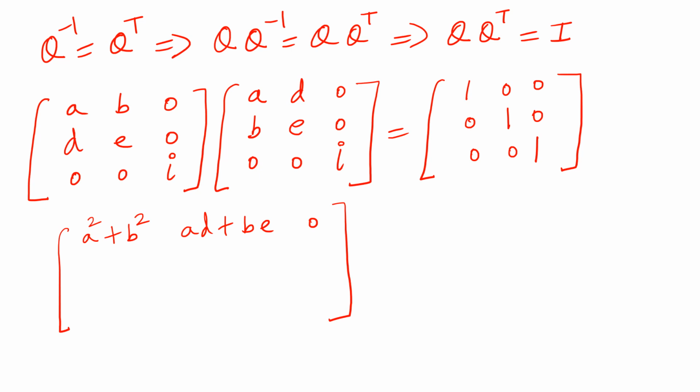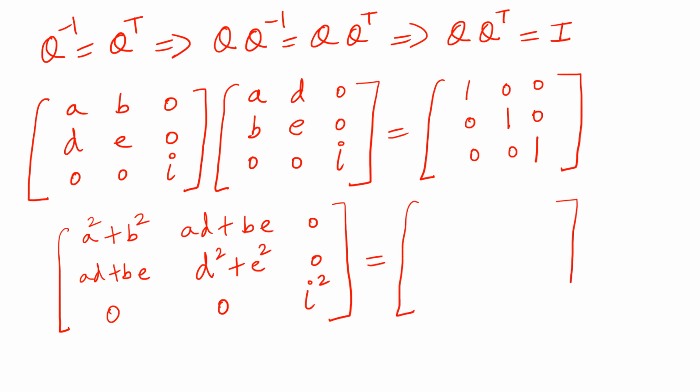And in the second row, the elements are AD plus BE, then D square plus E square, and then 0. In the third row, we have the elements as 0, 0, and I square. And this is equal to the identity matrix.